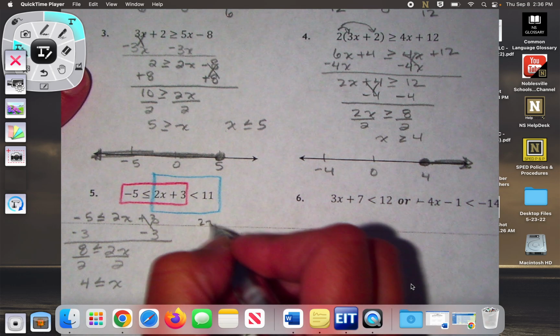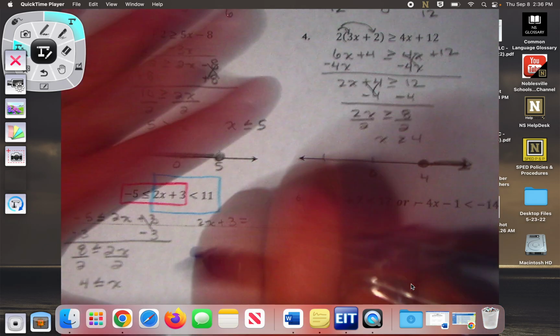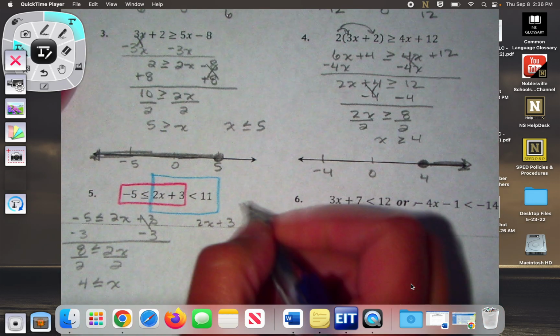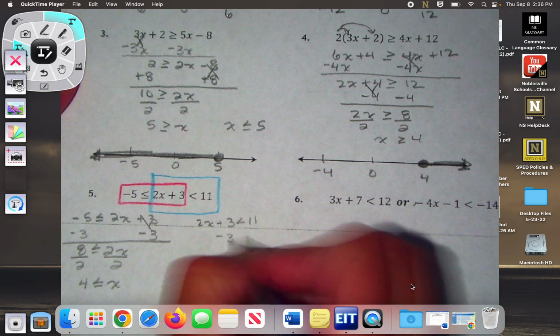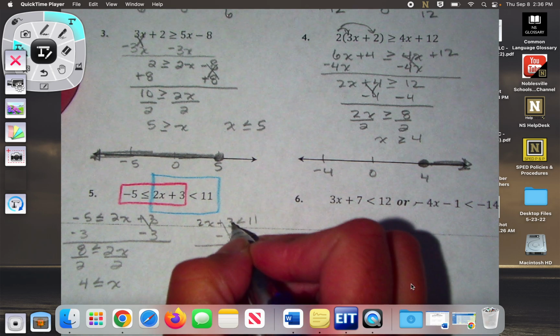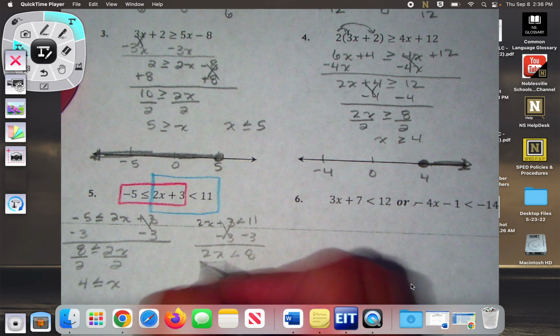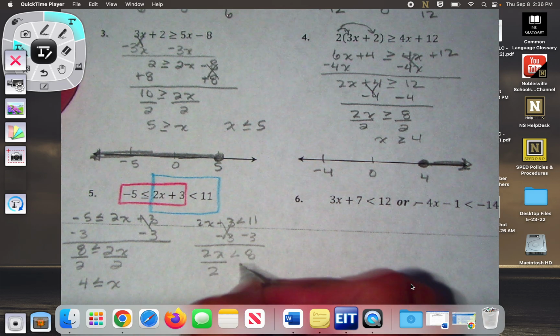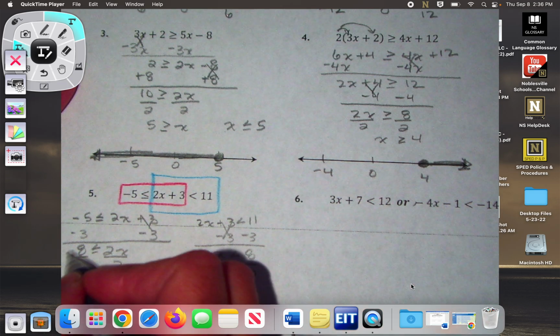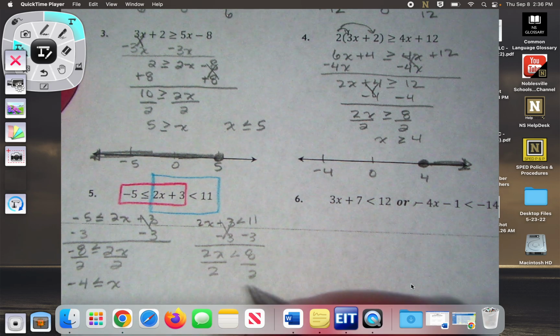And then 2x plus 3 is less than 11. Minus 3 on both sides. 2x is less than 8. Well, this should be negative, so that's negative 4. x is less than 4.